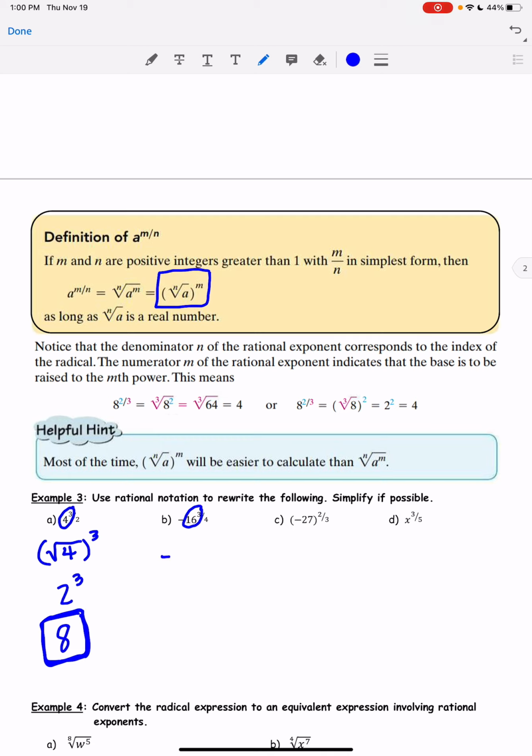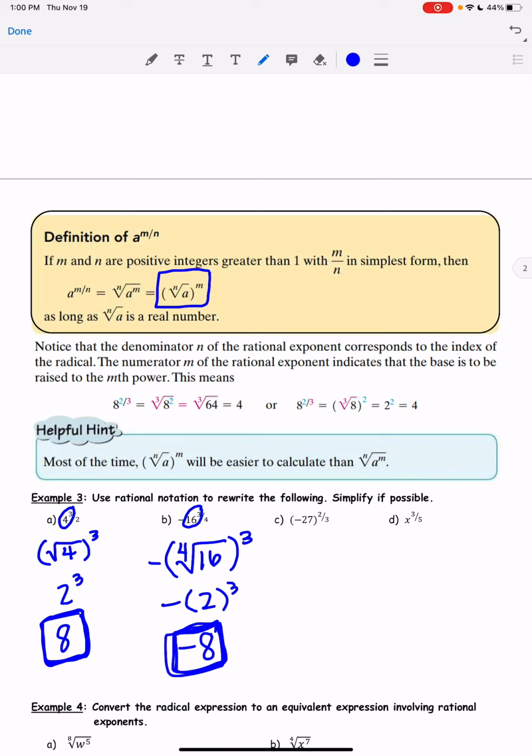So we'll have negative 4th root of 16, and then that is all to the 3rd power. So the 4th root of 16 is 2. And that's another one. If you don't know, you can put that in your calculator. 2 cubed is 8. And so that negative comes down. So that's negative 8.